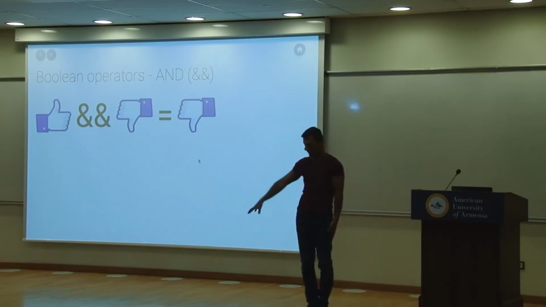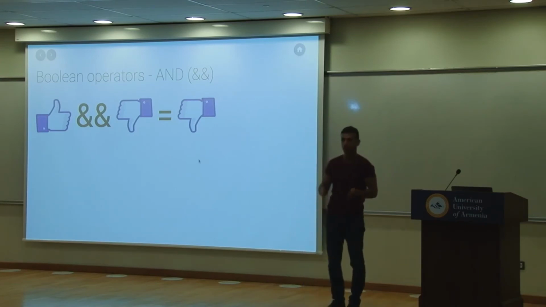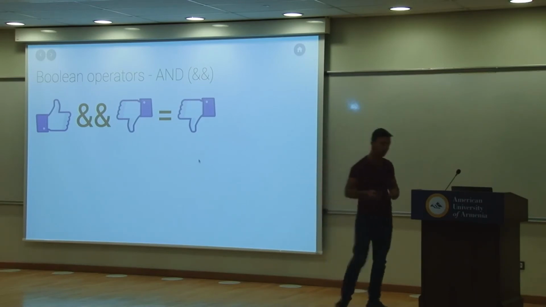If they're both true, the result of all of this is true. If either one or both of them are false, the result of all of this, after computation, is false. With me? Just like the result of 1 plus 1 is 2, the result of true and true is true. The result of false and true is false. The result of false and false is false.